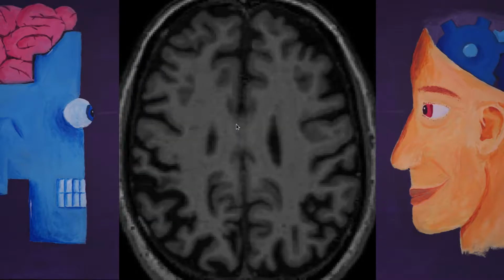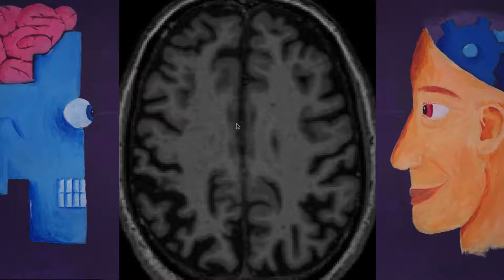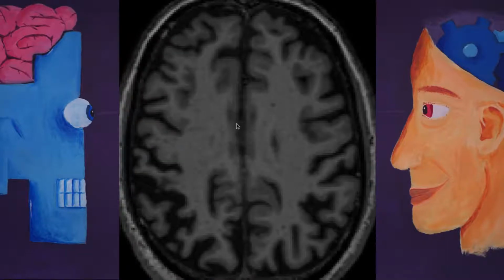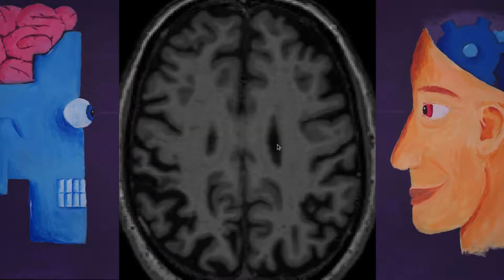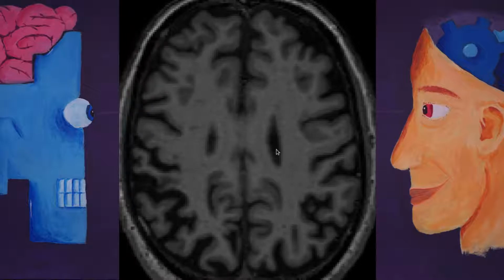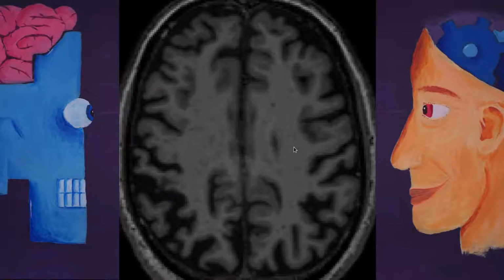And then for the centrum semiovale, so here, yeah. It's tricky, should I count this one or not? Yeah, it's quite tricky. But you see that the intensities are not as dark as here. So I would say this is the last one, and this you don't count.